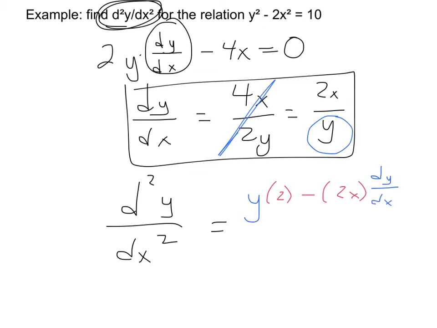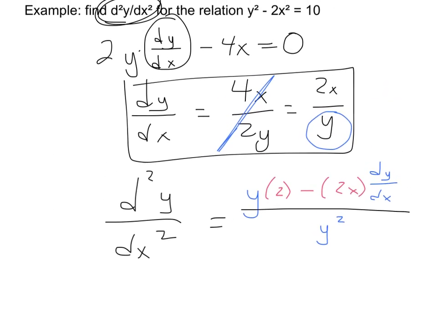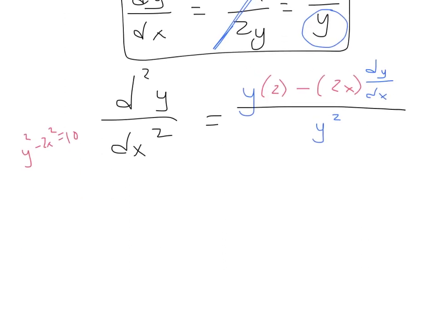And this is all over the denominator squared, right? So this is going to be y squared in the denominator. Okay, so that's just the chain rule. This is me doing low d high minus high d low, square the bottom, go, go, go. Next up. By the way, remember this fact. Remember that y squared minus 2x squared equals 10. We're going to use that later, so I'm reminding myself.